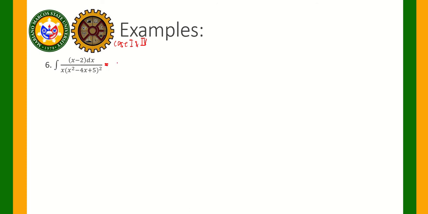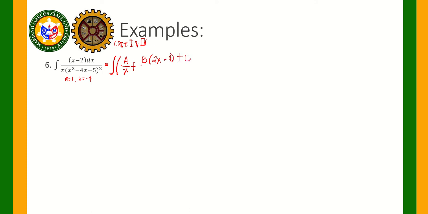So we can rewrite this into the integral of a over x, which is linear, and then plus b times 2ax. A natin will be equal to 1, and our b is equal to negative 4. So dito, 2ax plus b. So 2 times a, that is 1. So 2x. And then plus b, negative 4. Since negative, magiging minus 4.